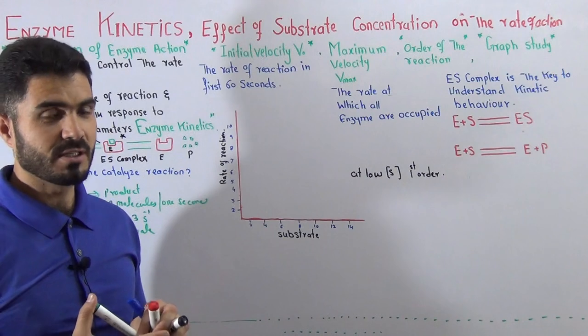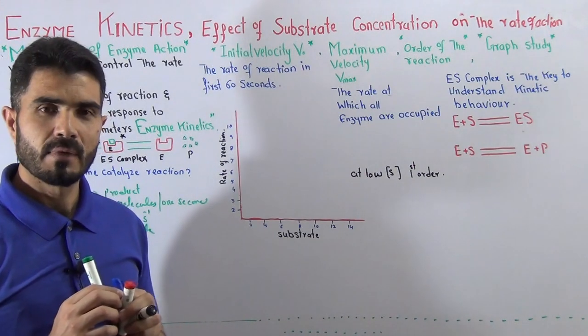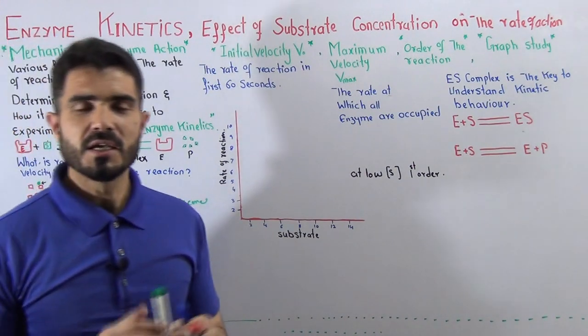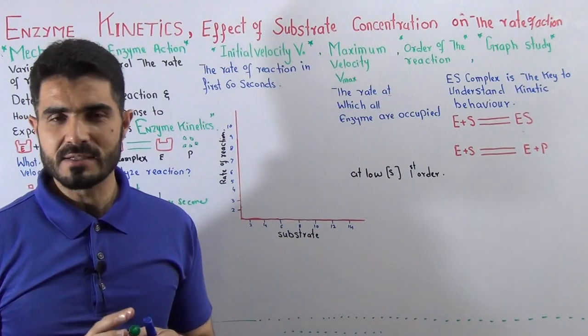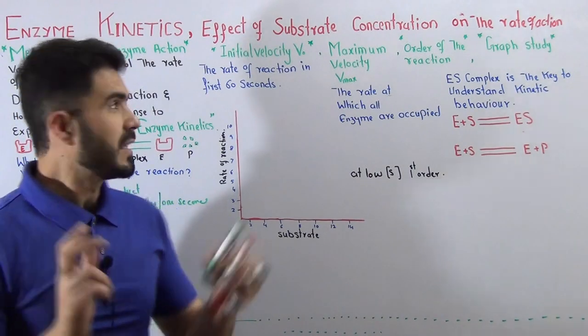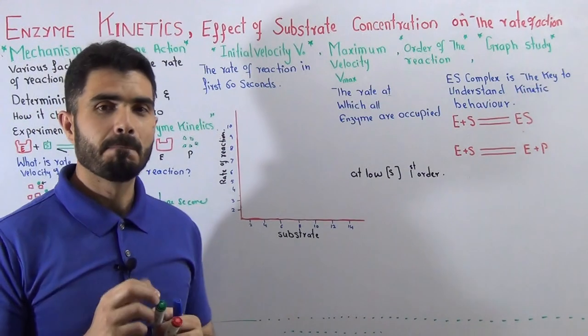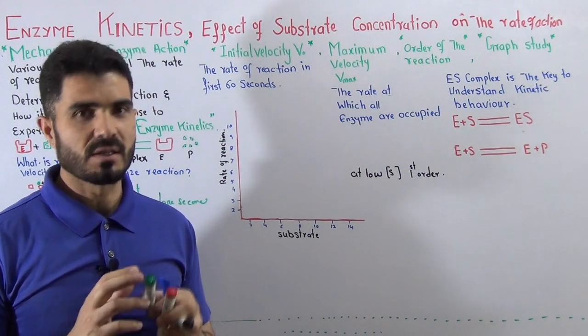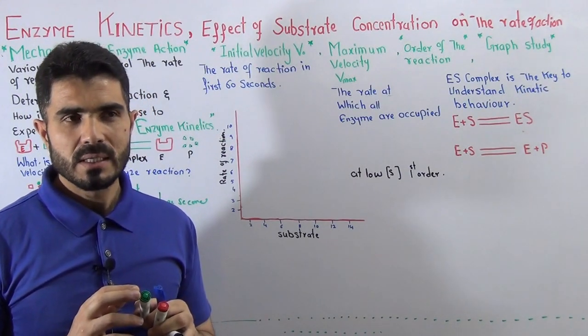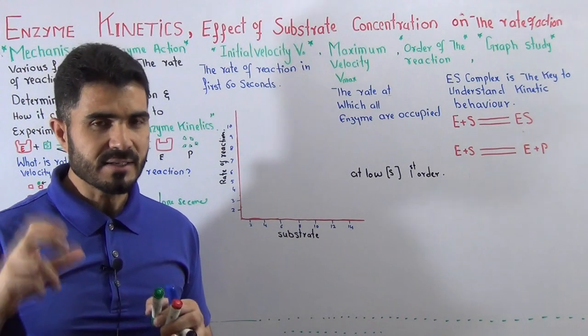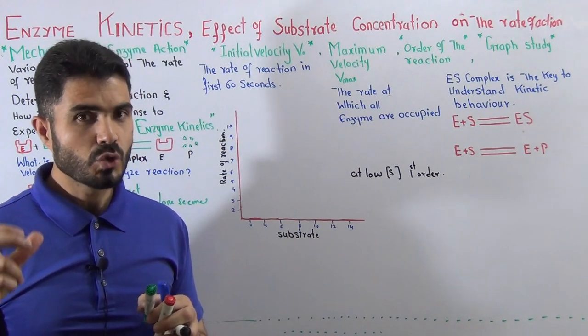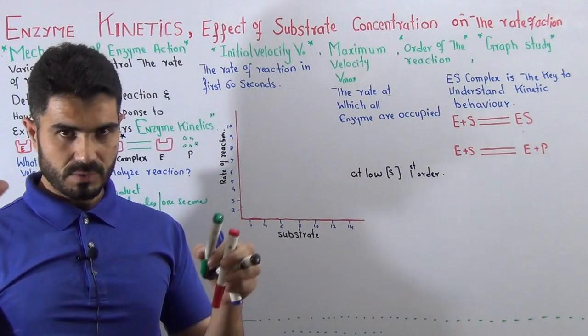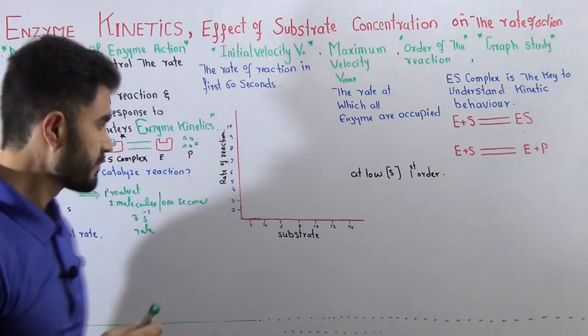Here the initial velocity is something else. My first question is, in biochemistry, in the chapter on enzymes, why has the word initial velocity come? Why do we use this initial velocity? What compelled a biochemist to use the word initial velocity? Come to me.